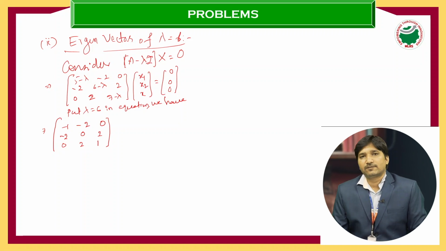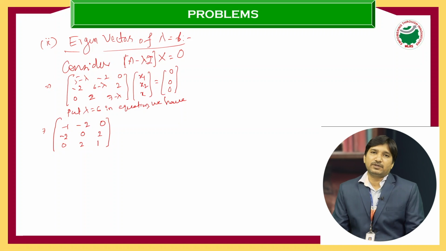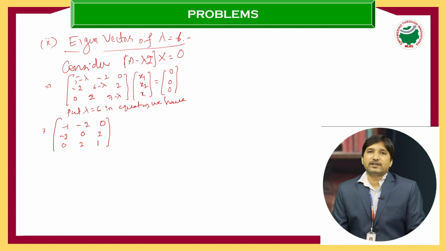Using row transformations, convert it into echelon form so we can easily solve the system to find the eigenvector X, that is x1, x2, x3.